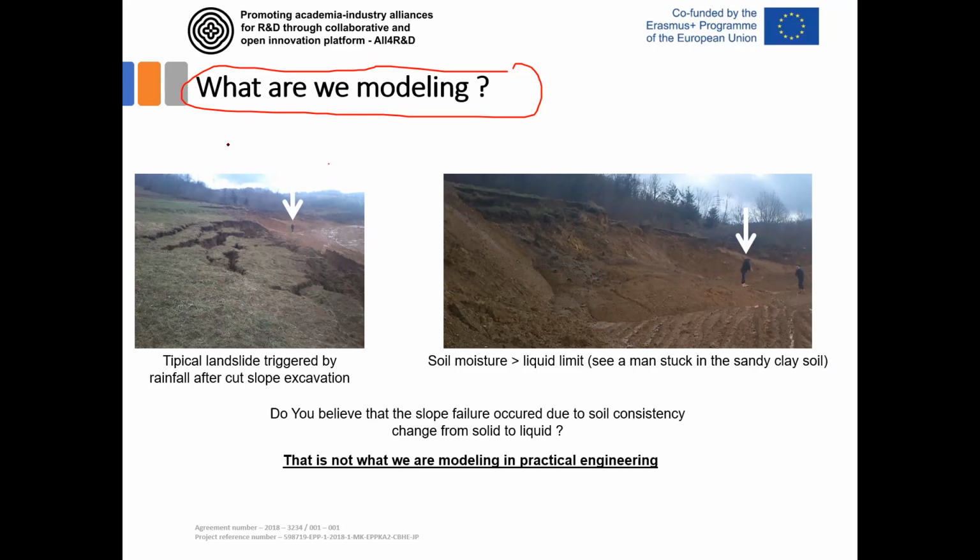Here you can see one typical landslide that is triggered by rainfall after cut slope excavation. The cut slope was excavated like this, and then a failure occurred uphill, about 100 meters above this excavated part.